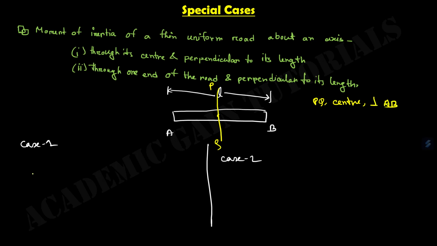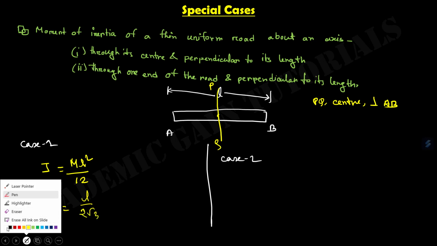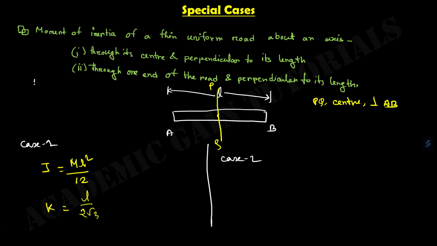For that case, our moment of inertia I will be equal to ML square by 12, and the radius of gyration will be k equals L by 2 root 3, where M is the mass of this rod and L equals the length of this rod.